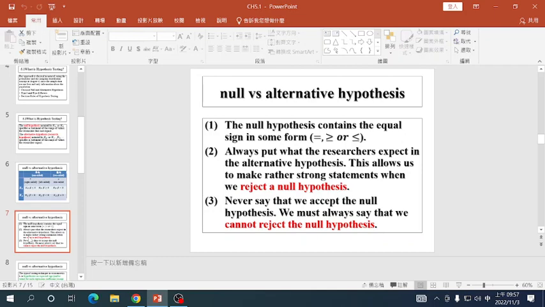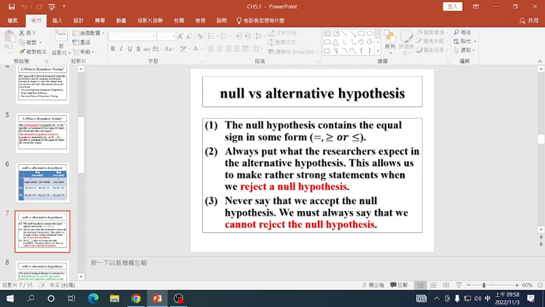So we just say that we cannot reject the null hypothesis even though the result does not meet our expectation. Yeah, sure. That's very good. You heard what Rachel said. This alternative hypothesis is our expectation. Right? It's our research, our purpose. This is not our purpose.